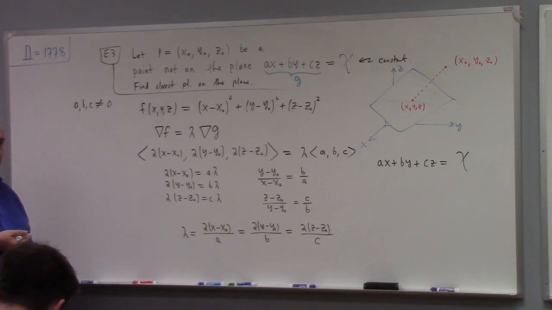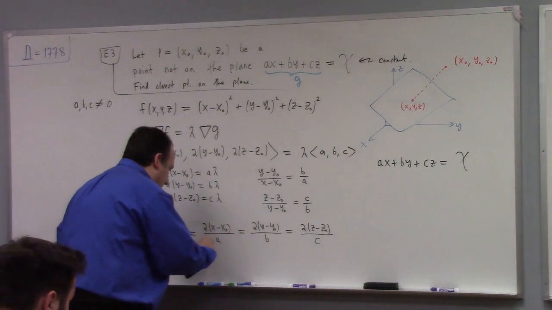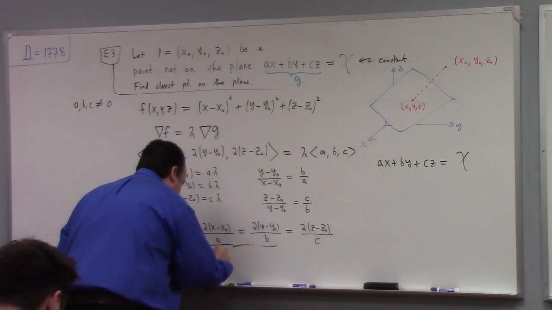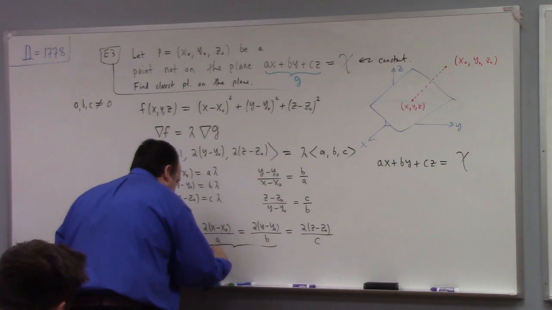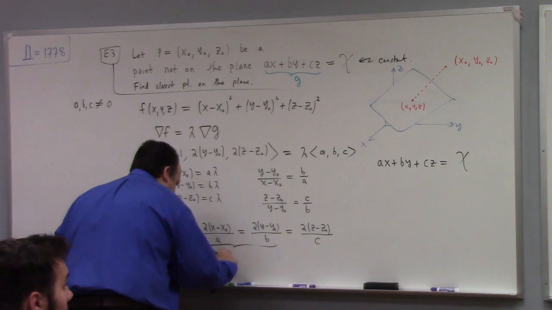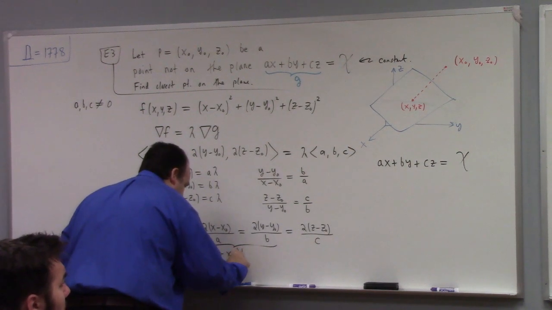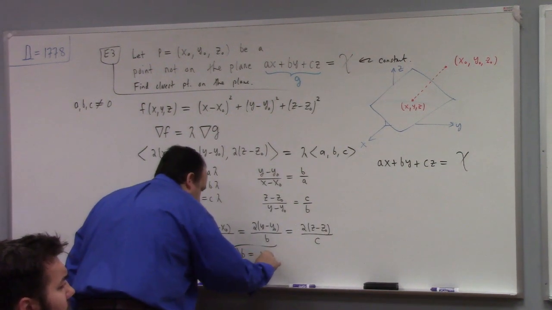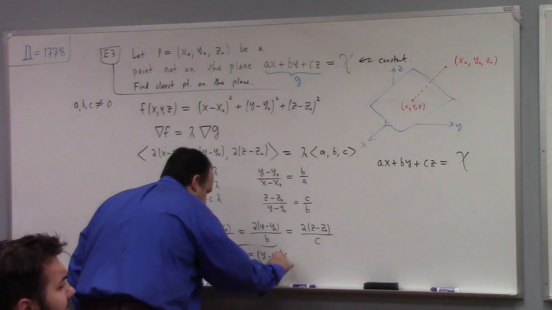Maybe I should take this one and rewrite this more nicely. Canceling the 2, x minus x naught times b is equal to y minus y naught times a, right?